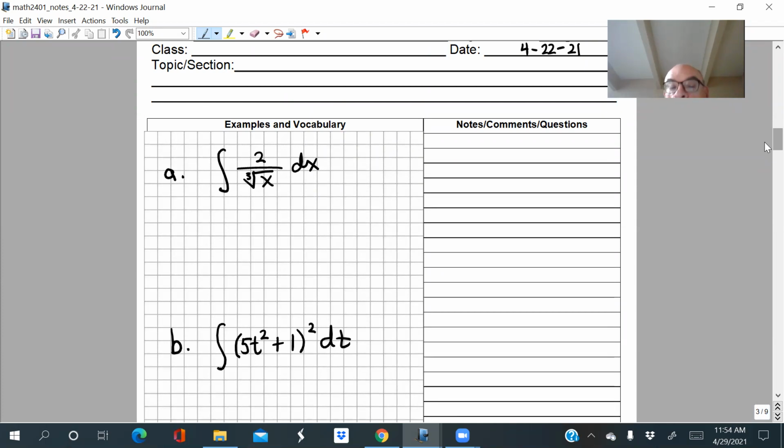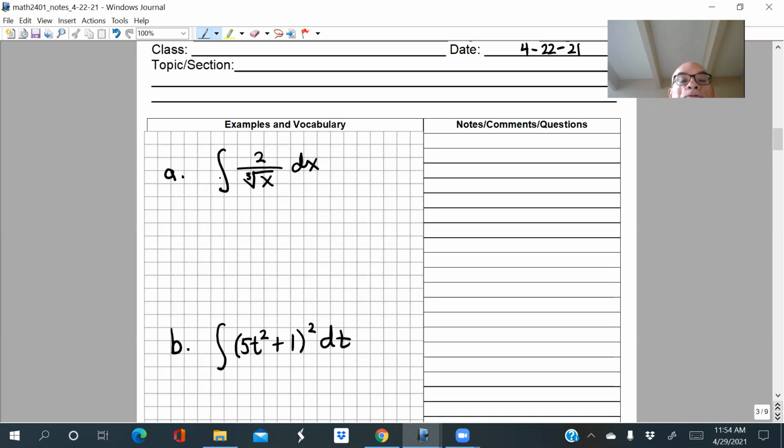So let's start here. Remember, if you're just given this expression where you have the integral sign and then this integrand, that's the expression inside the integral, and then of course the standard dx at the end, what you're being asked for is to compute an antiderivative.